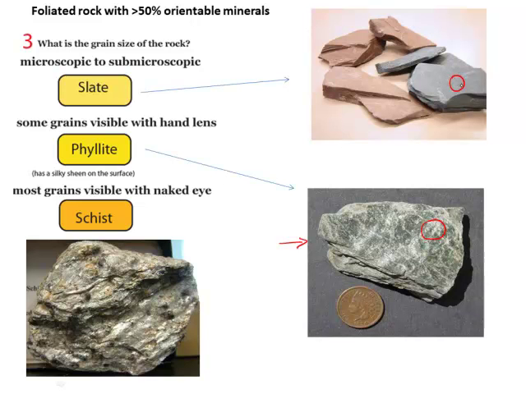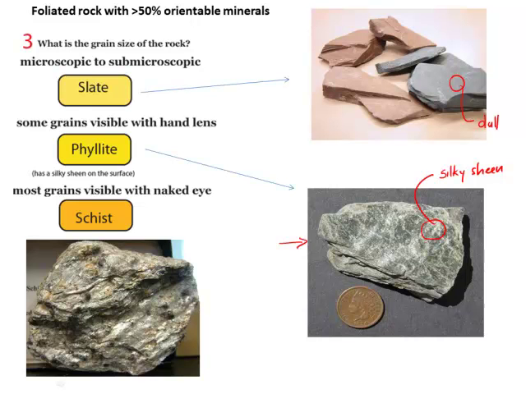So the surface of the slate appears fairly dull, whereas the phyllite appears shiny, or there is a silky sheen on the surface, and that's primarily because the grain size in phyllite is coarser, which enables the grains to reflect light a bit better, making it appear brighter and more shiny.